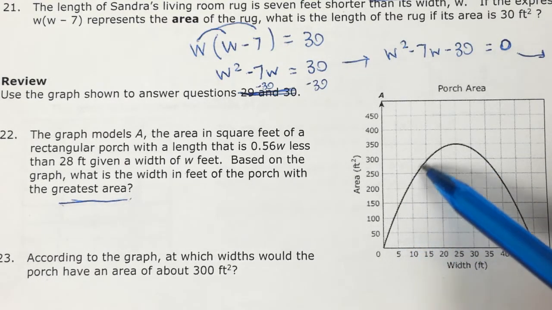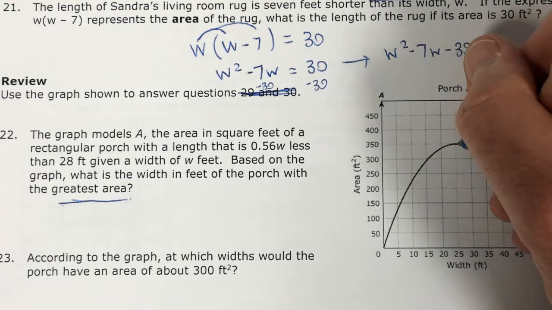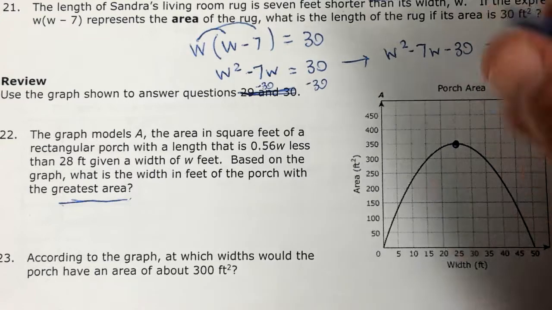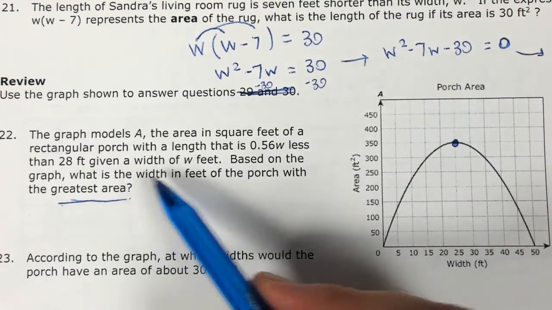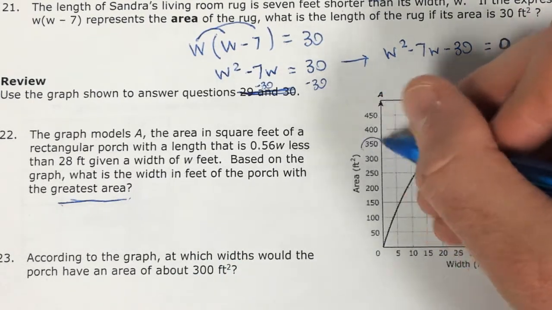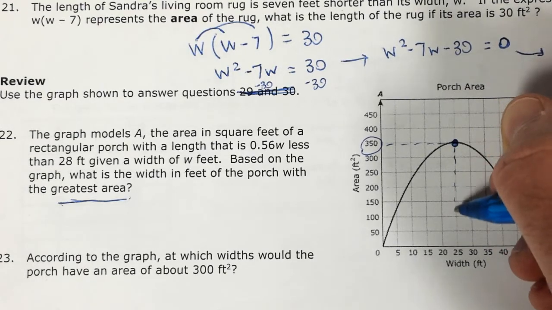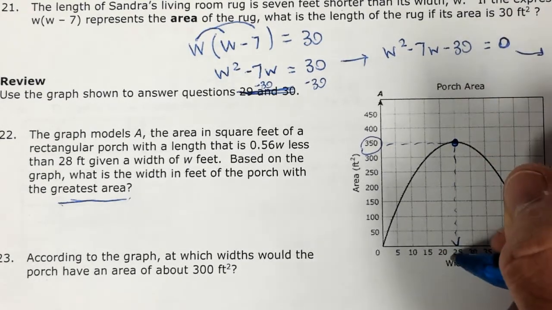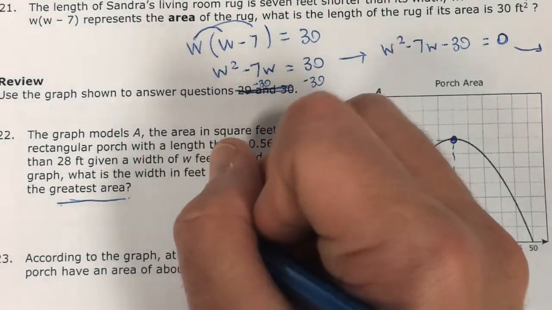I go up, up, up, up, up, and then I start to go down. So my biggest area is at this point right here. It's 350. But remember, it wanted my width that was the biggest. So when I have the biggest area, I come over here, and I draw a line going down here. So my width at the biggest area is 25.